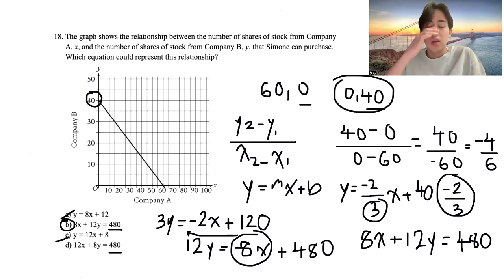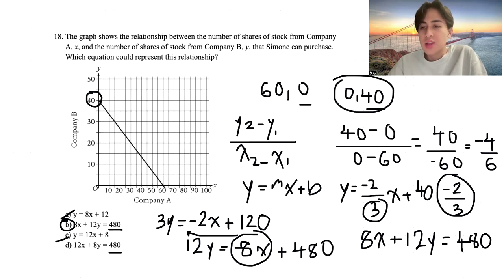It's just like that. So first things first, you first want to find the slope. By using this formula, you'll plug in 2 points from the graph. Once you find out the slope, you plug it into the y equals mx plus b formula.